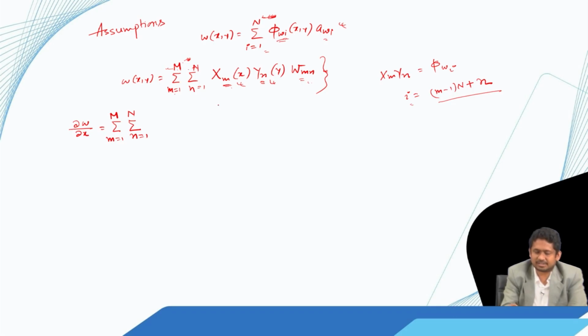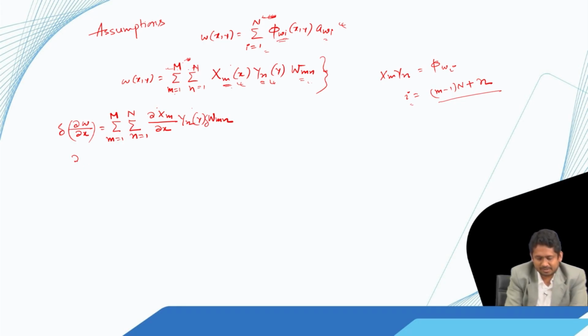So, if I differentiate this, only this term would be differentiated. So, we have del x m by del x multiplied by y n of y into w m n. Similarly, if I want to take variation of it, then this cannot be varied, this cannot be varied, but w m n can be varied.